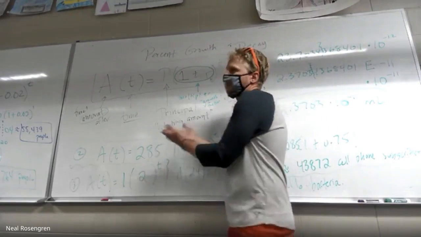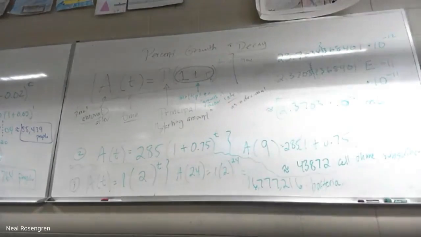Sometimes, like number 2, I just combined it, 1 plus 0.07. Sometimes I say, why leave them separated? Might as well put them together. And that's it. Once you get those 8 done, you are good to go.